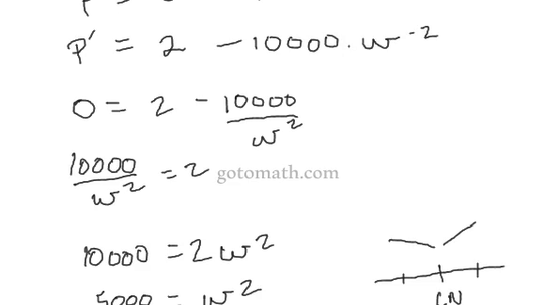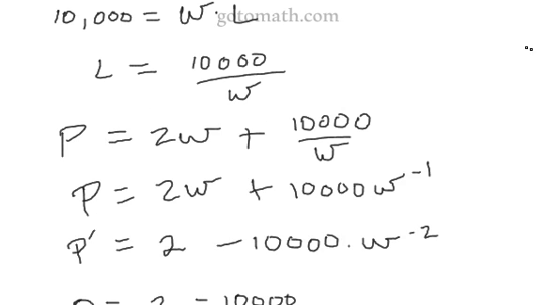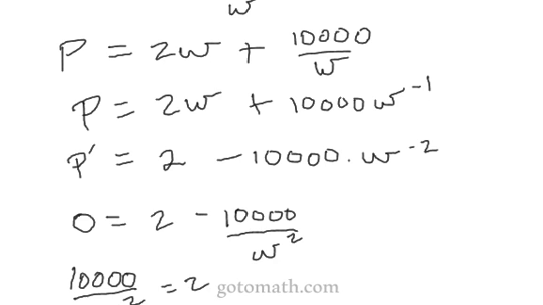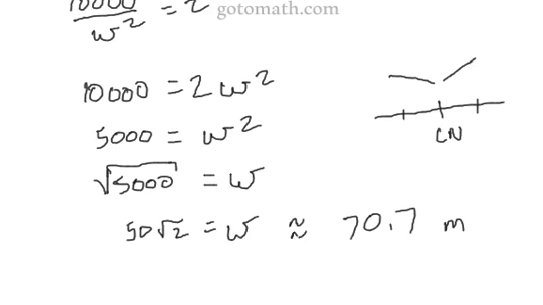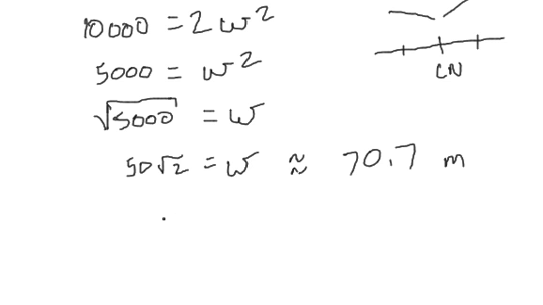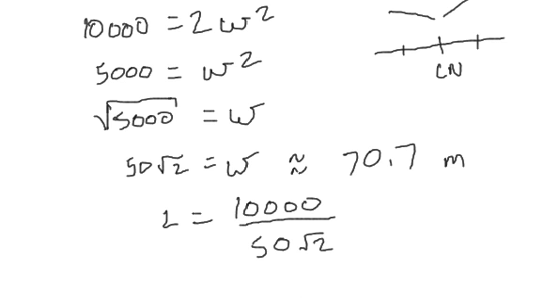Now what we're going to need to do is go back, find that relationship between W and L, and find what L is. And L was equal to 10,000 over W. So let's actually try to remember that, right? So L is equal to 10,000 over W, and W is going to be 50 times the square root of 2.